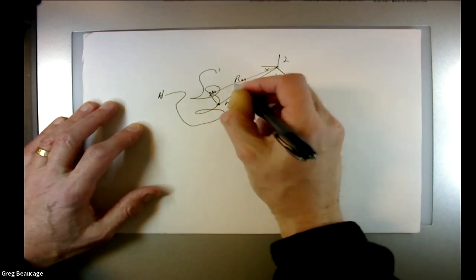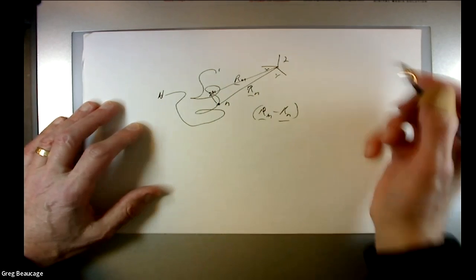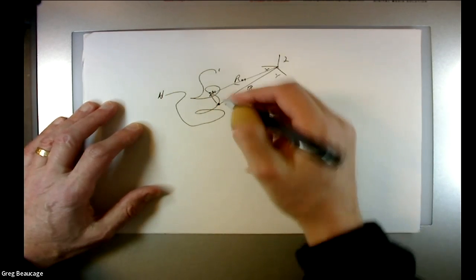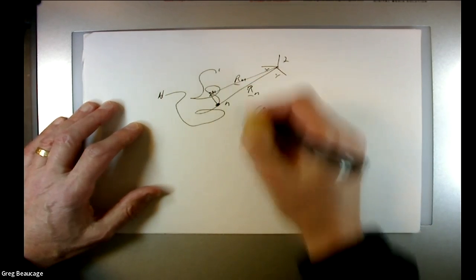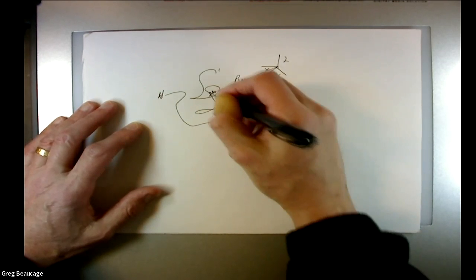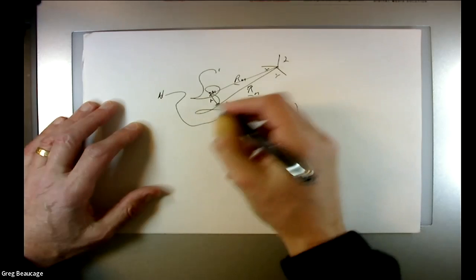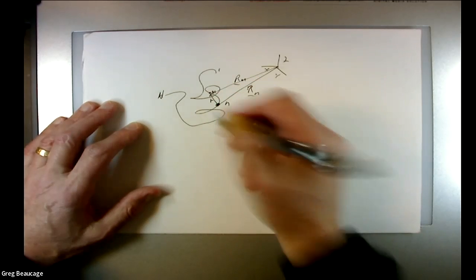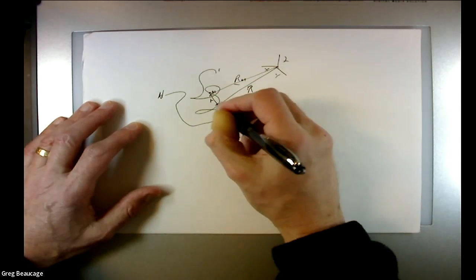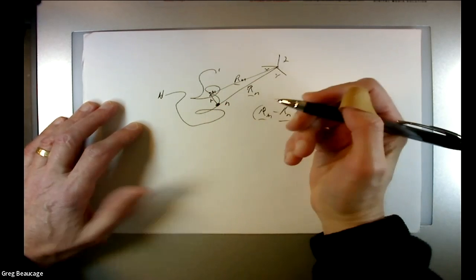That's also a vector. These are all vectors. Then you can say, if I'm at n and I go out a distance r, what's the probability of finding some chain there? If it's 1, it's 100% probability.